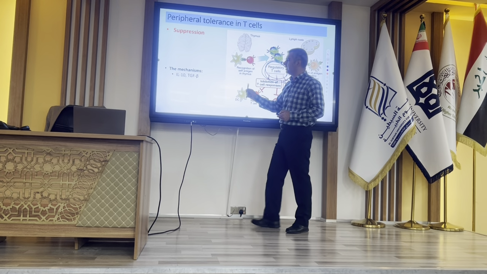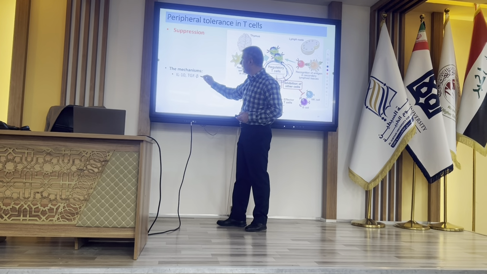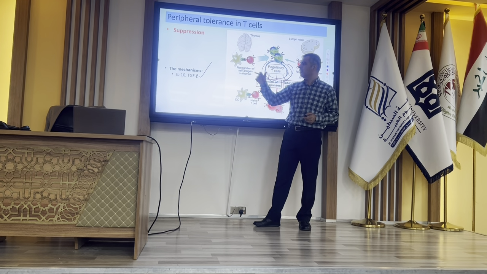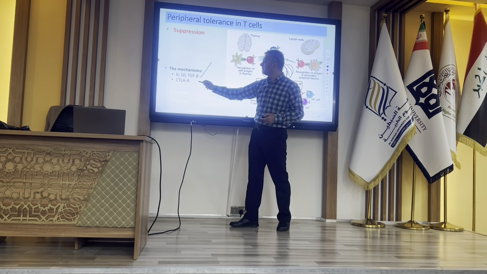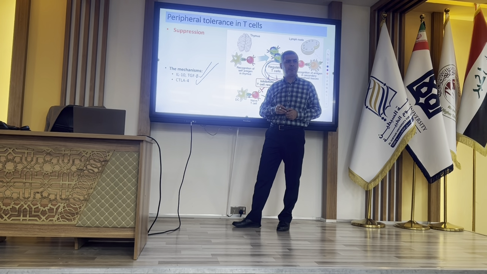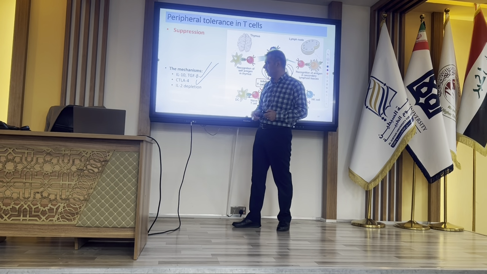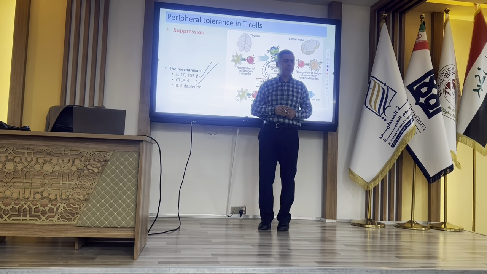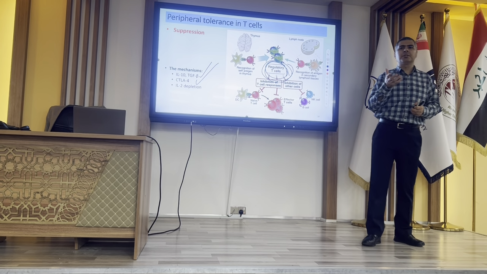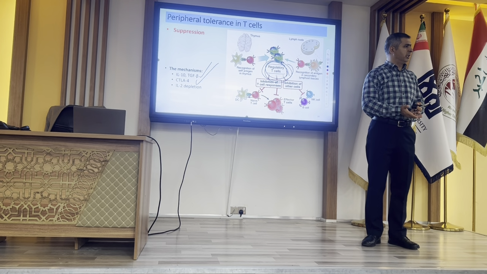How do regulatory T cells do this? With different mechanisms. One of these mechanisms is production of suppressory cytokines or anti-inflammatory cytokines. Another mechanism is expression of co-inhibitors or inhibitory receptors. They are like switch off of the T cells. Another mechanism is interleukin-2 depletion. I told you that interleukin-2 is a very important growth factor for clonal expansion.